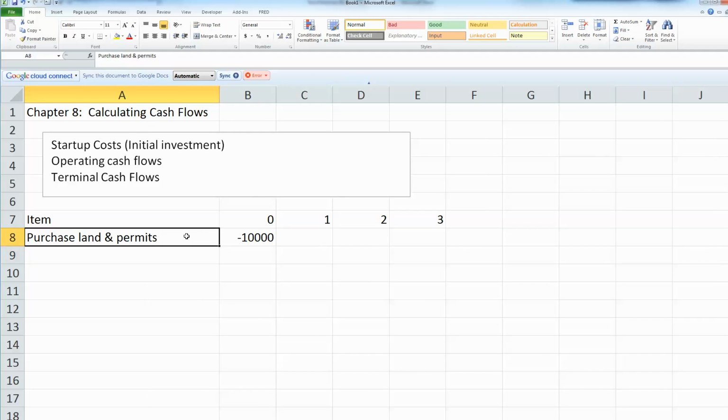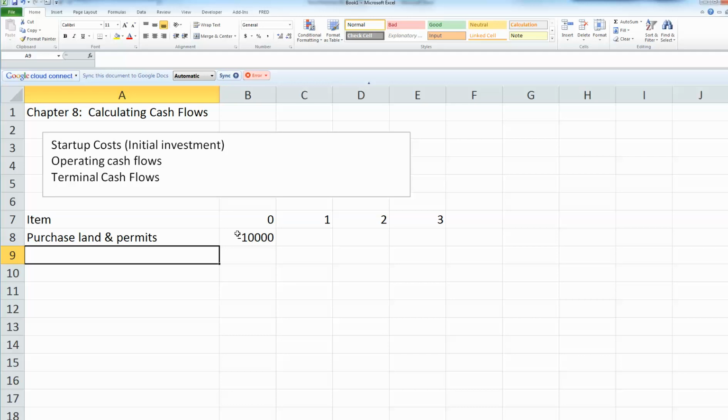Now, presumably, the permits would be tax deductible, which would save me some money on taxes, but I don't know exactly how much of that is permits and how much is land. Land, however, isn't depreciable, so I just will have this $10,000 outflow, and I will never be able to write any of that cost off. So I'm just going to assume the permit costs were very low, and I'm not going to worry about any taxes associated with that.